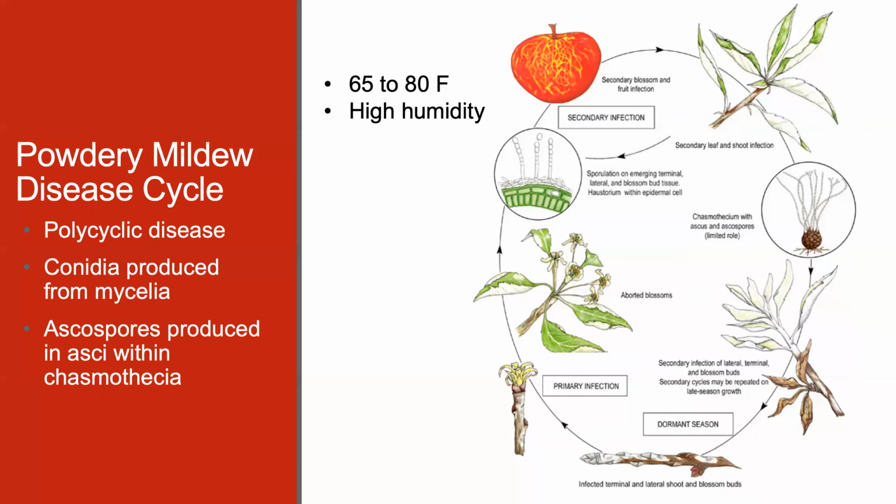Infections occur at temperatures between 65 to 80 degrees Fahrenheit when relative humidity is high. However, free moisture is not needed for spore germination to occur. It is not surprising that the temperatures that favor initial infections are similar to the temperatures that favor bud break.